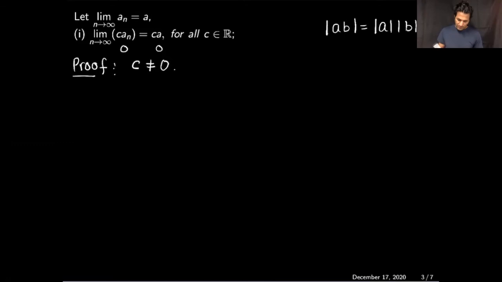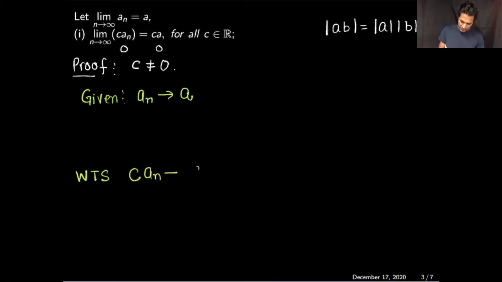Next I will write down what is given and what I need to show. The given is that the sequence a_n converges to a. And I want to show that the sequence c·a_n converges to c·a.